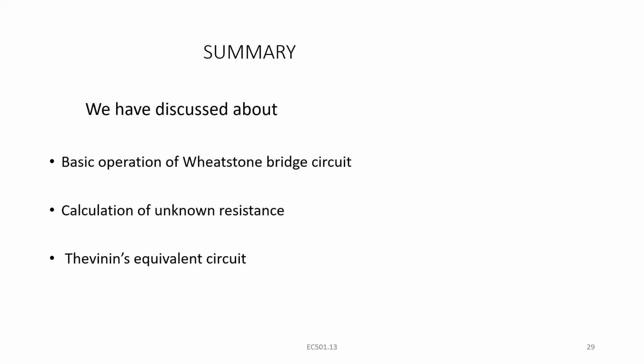We have seen the types of bridges to be the DC bridge and the AC bridge, and the different types of DC bridges are the Wheatstone bridge and the Kelvin bridge.